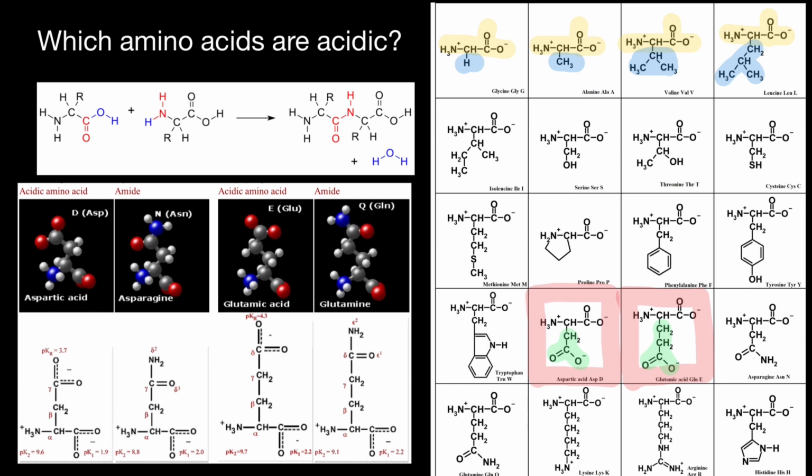Also, you may be asked which amino acids are essential and which not. So just memorize that these amino acids are not essential and the amides are also not essential. So this is how easy it is to memorize 4 amino acids which are not essential.